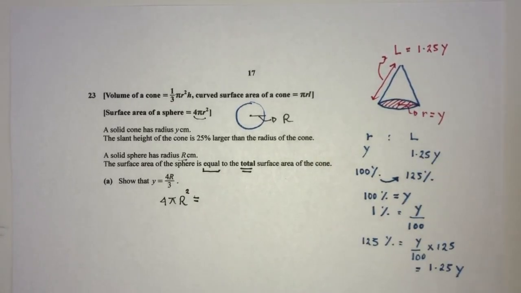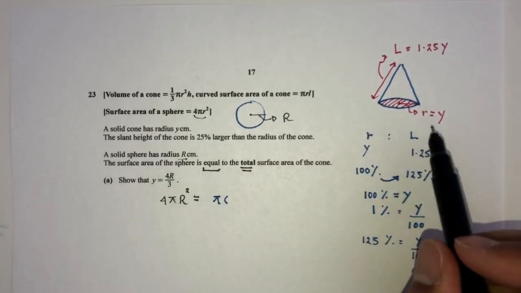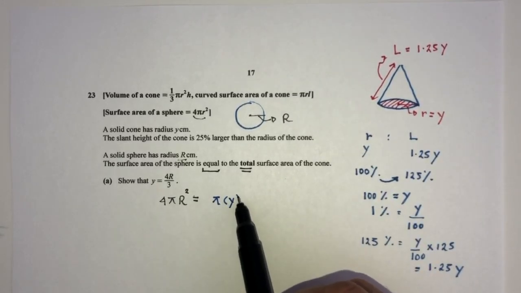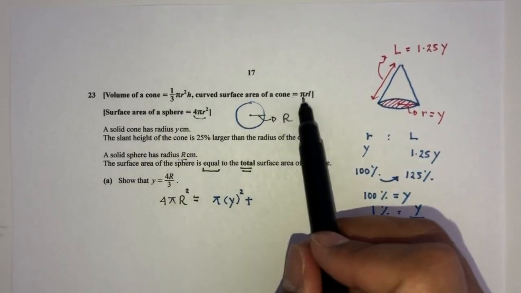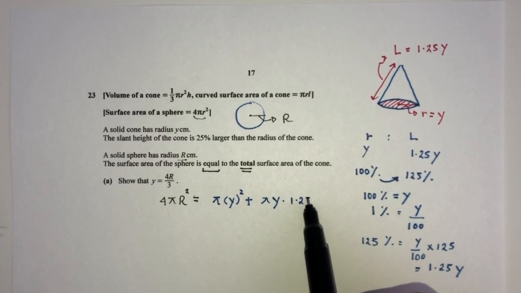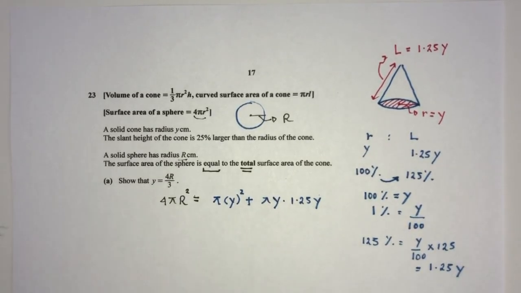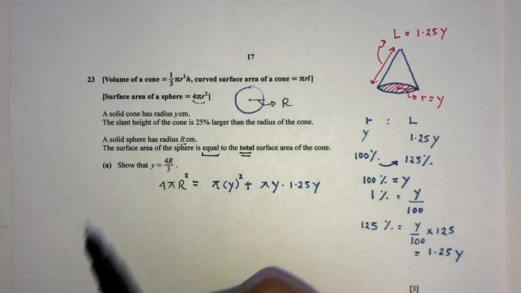The base is just a circle. It will be pi r squared, which will be pi y squared, right? And then the curved surface will be pi r l, where r is the radius y, and l is 1.25y, as we have seen in the question, right? So we just have to simplify now. As you can see, we have pi everywhere.